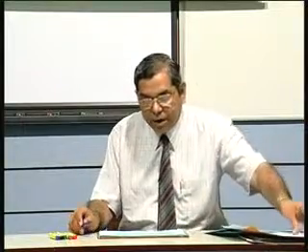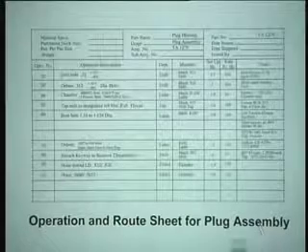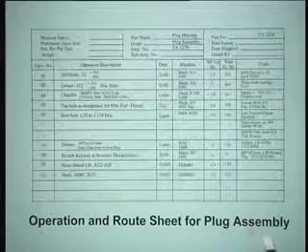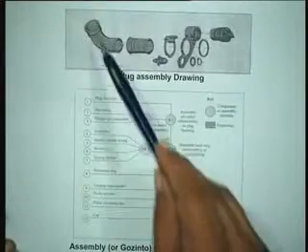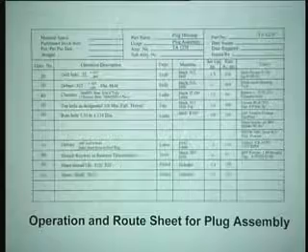Then this is what a typical operation and route sheet for the same product looks like. What it describes is, for instance, that it's a plug assembly that we are talking about. Now the plug assembly is one component of this whole thing. So this is the plug assembly, let us say the first component which goes into the assembly chart.